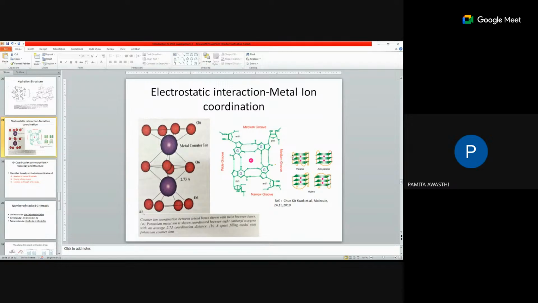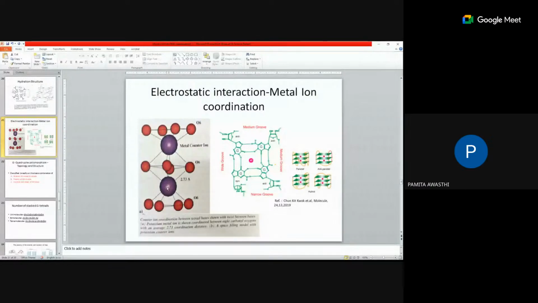So the centrally located charged cavity is localized by the coordination of a cation. Selection of cation is based upon the size and charge of the cavity, which is ultimately responsible for the folding of G quadruplexes.